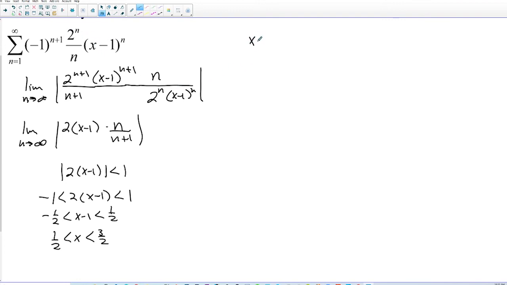Let's try x equals 1/2. We get the sum from n equals 1 to infinity of -1 to the n plus 1. So that will alternate. And then 2 to the n over n. And 1/2 minus 1 is -1/2.